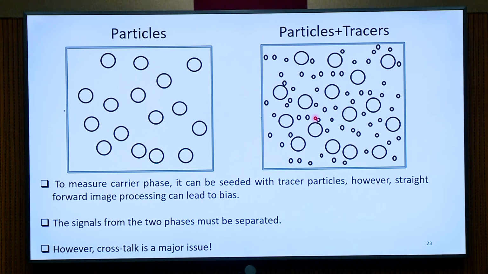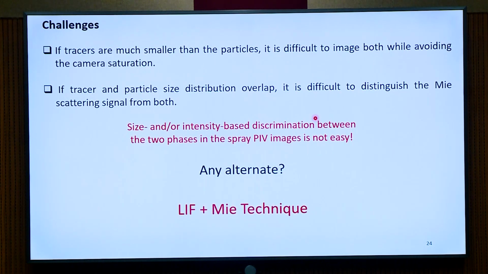However, unfortunately, this approach does not work. This is because the particle size distributions often overlap. In this particular example, what I had shown, the droplet size appears much larger than the tracer particle size, but in an actual case that may not be possible. For example, say in a spray, you have particles ranging from 5 micron to 100 micron, and the average size is about 20 micron.